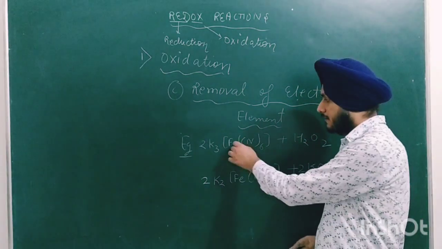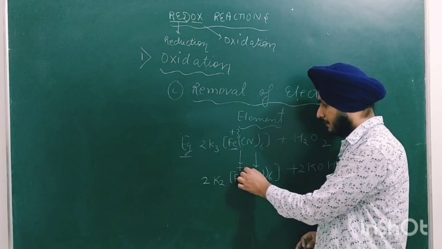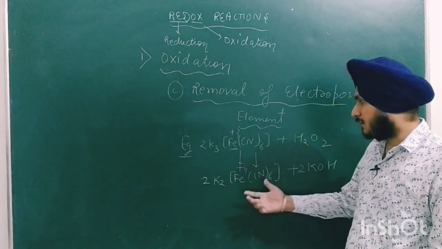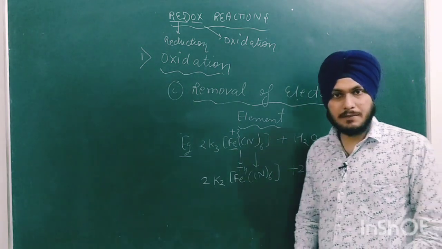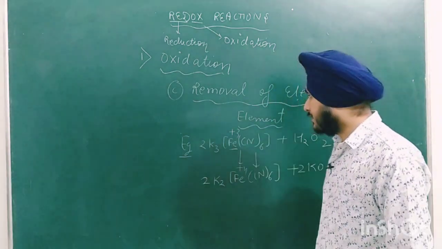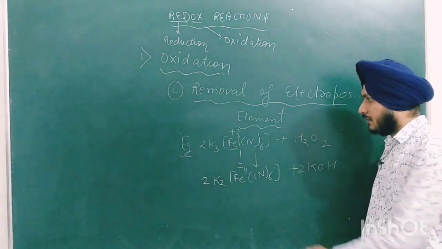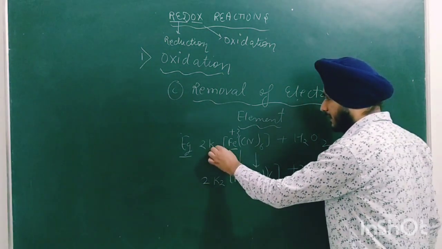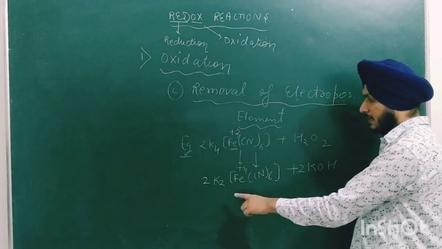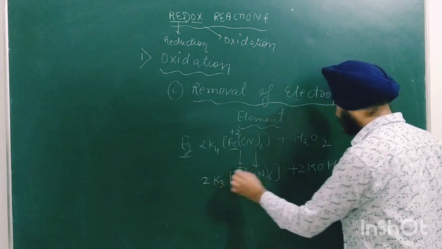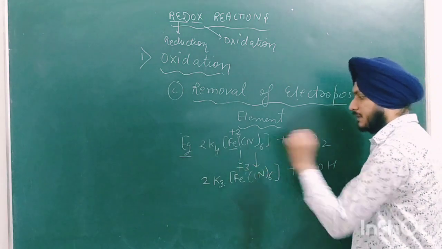Here we have iron in +3 state, and here in +4 state, +3 or +4. Wait a minute. Here we have K4[Fe(CN)6], where the oxidation state is +2, and here K3[Fe(CN)6]. This is correct, because iron exists in +2 and +3 state only.